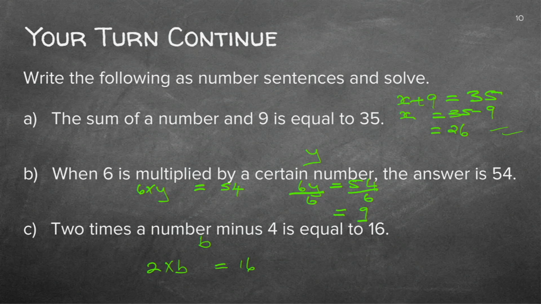So 2b equals 16. So 2b divided by 2 equals 16 divided by 2. So b equals 8. Oh, no, sorry guys, can I just correct myself here?